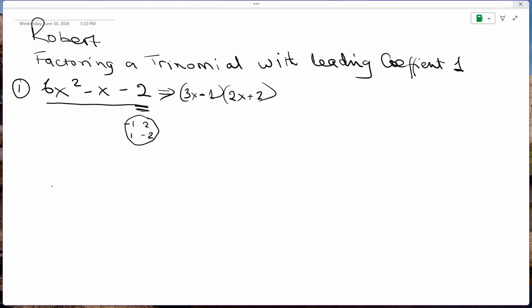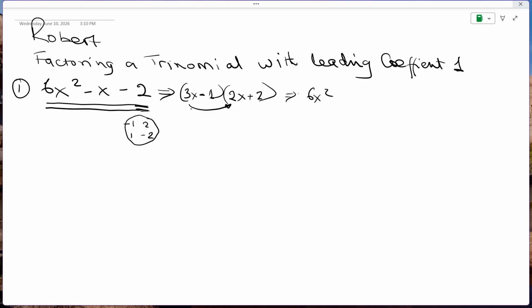Now, when you try to work this out, you'll find that you don't get exactly what you're looking for, because 3x times 2x will give us 6x squared.